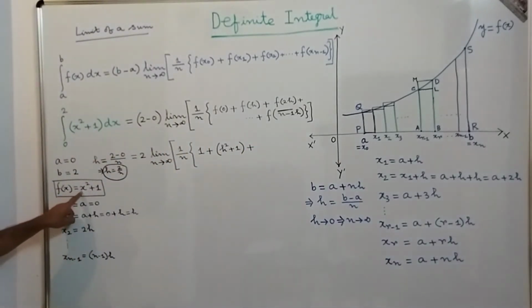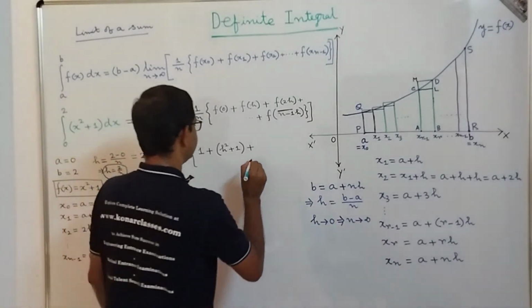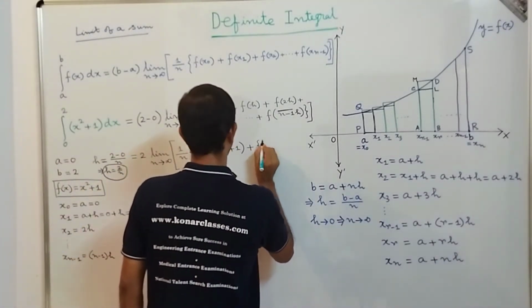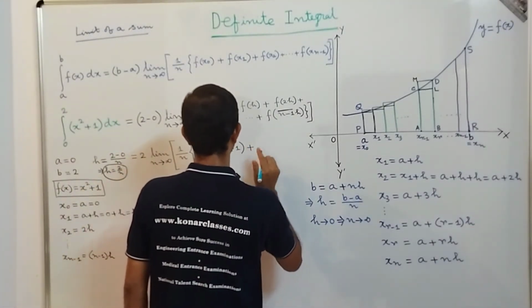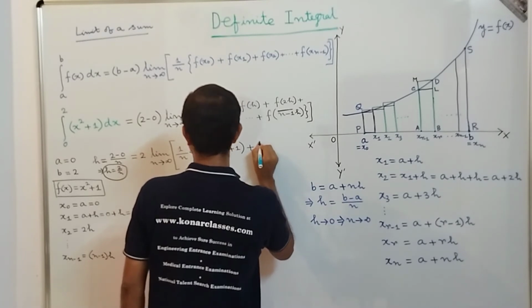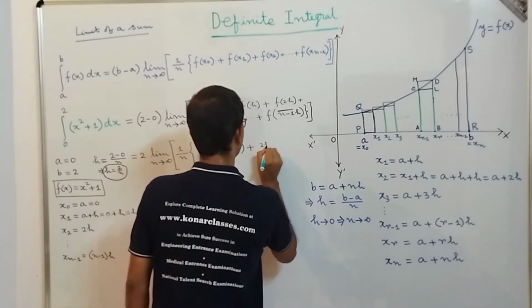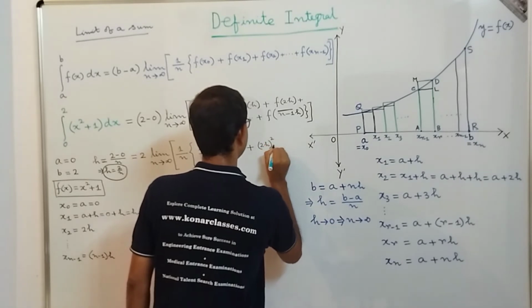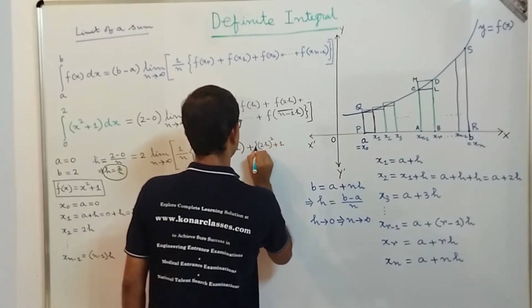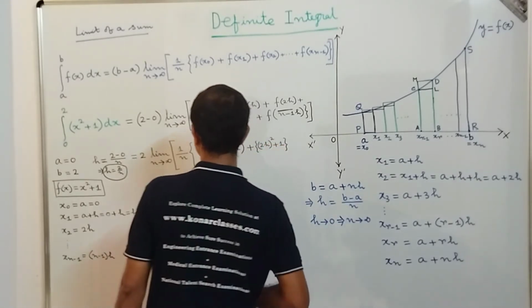It should be (2h) whole square plus 1. So we can write here (2h) whole square plus 1, like this, okay?